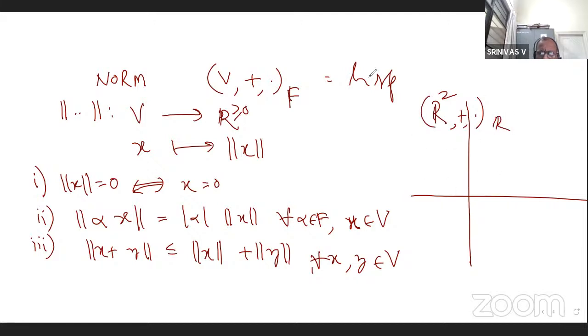Here you take any 3 points, and you join them with line segments.